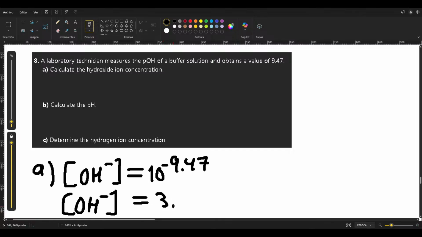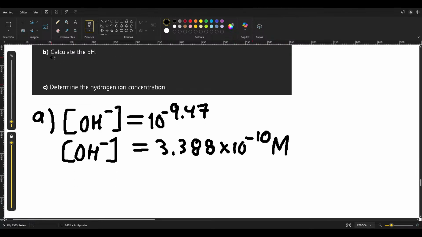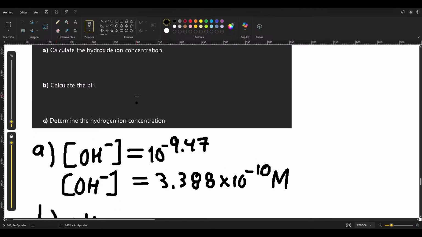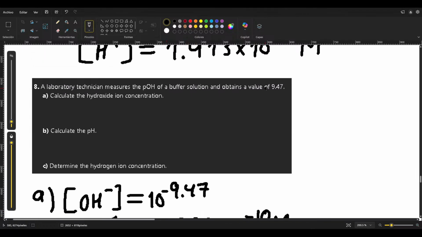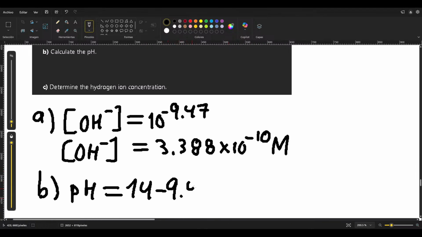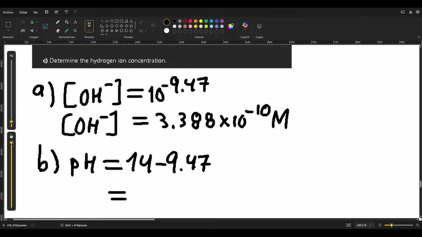So 3.388 times 10 to the negative 10 molar. Okay, calculate the pH. If we already have the pOH, then it's just 14 minus the pOH. 4.53.